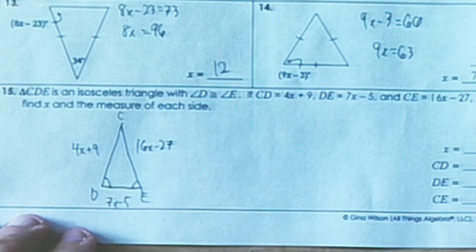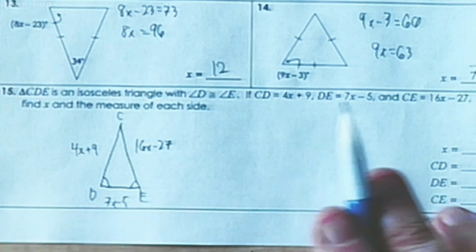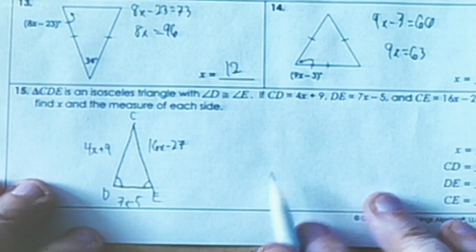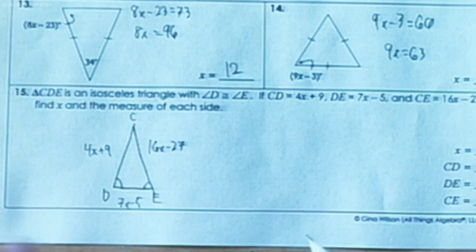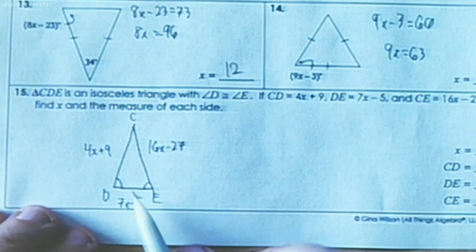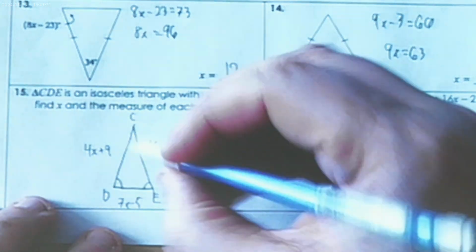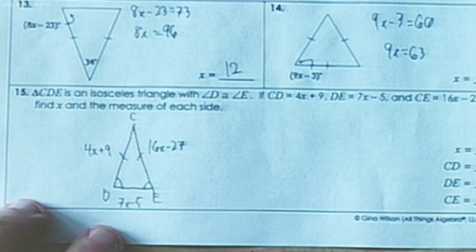All right, I drew it in the wrong place, but I'll draw it in the right place for the next couple problems. So again, knowing that it's an isosceles triangle and knowing what angles are congruent ahead of time means that I know that this side and this side are congruent to each other.